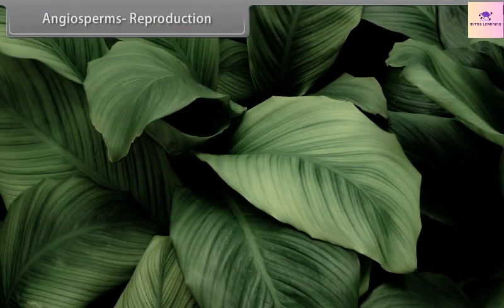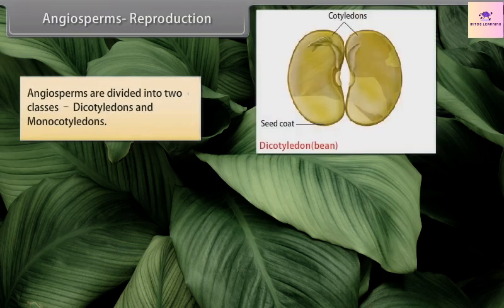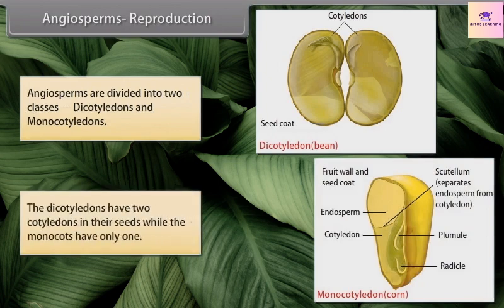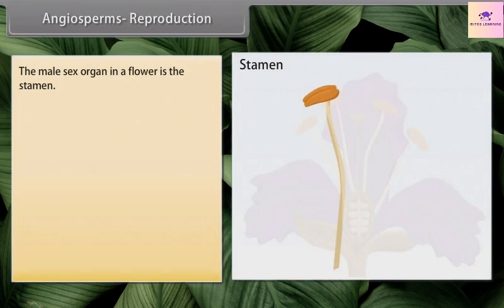Angiosperms. Reproduction. Angiosperms are divided into two classes: dicotyledons and monocotyledons. The dicotyledons have two cotyledons in their seeds, while the monocots have only one. The male sex organ in a flower is the stamen.